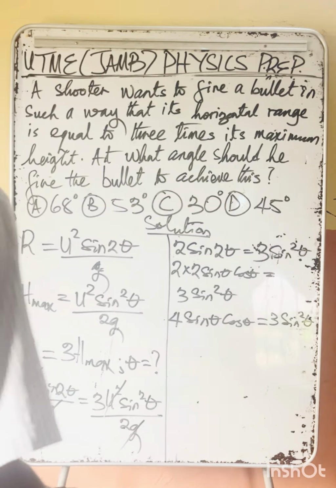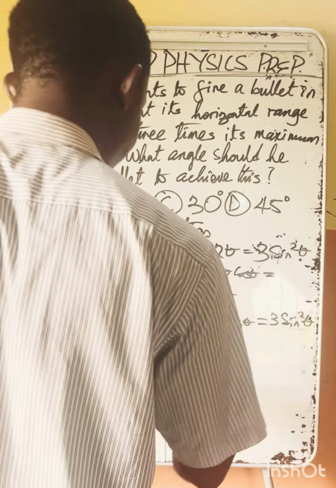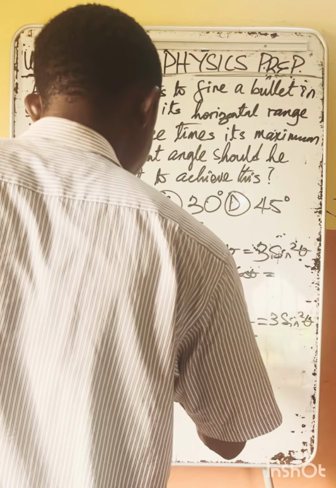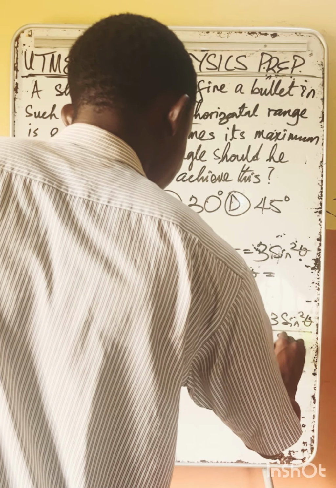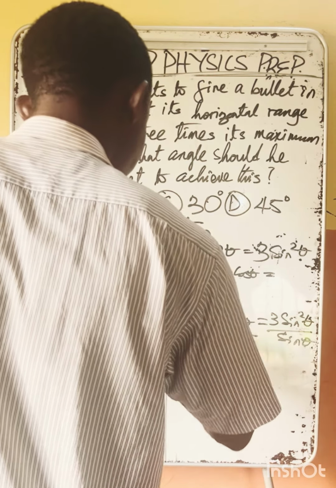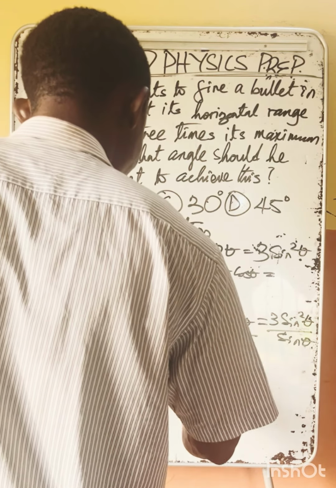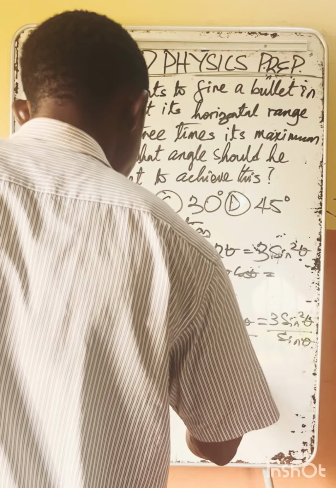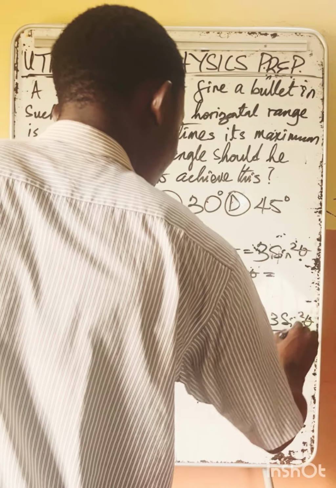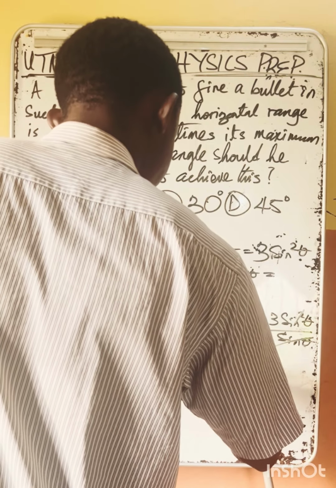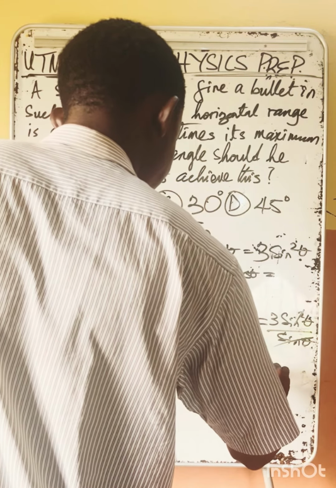So at this point, we'll divide across using sine theta to simplify this. So this cancels this, and we're left with 4 cos theta is equal to, this will cancel the square, 3 sine theta.